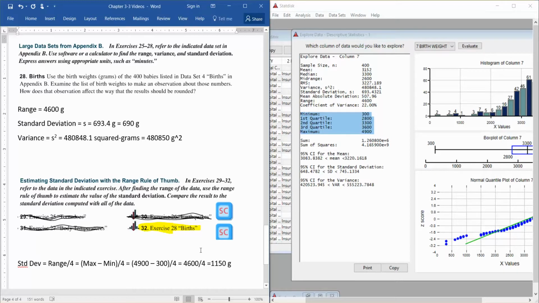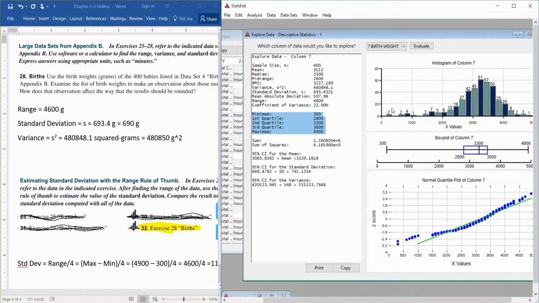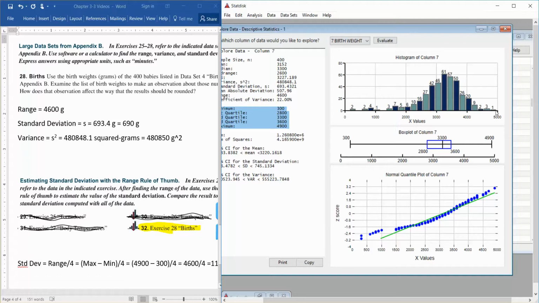And not to pat myself on the back, but I did mention in class that the range rule of thumb has a tendency to overestimate the standard deviation, and that's what it did here. One of the occasions that it will do that is because the range only uses the two most extreme values.